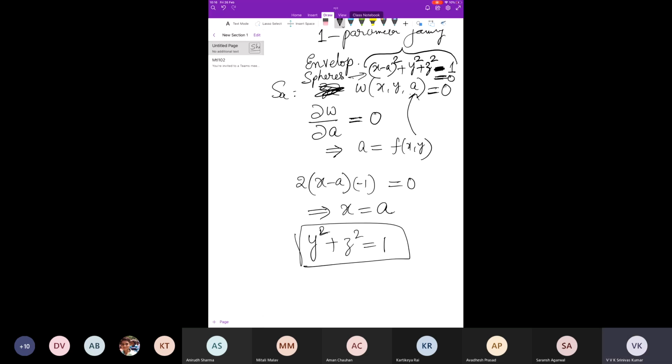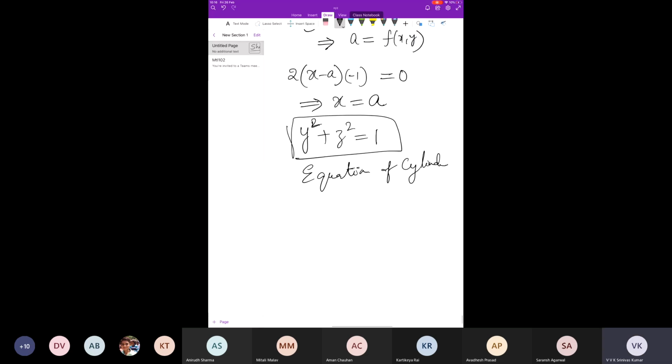This is the equation of a cylinder in the yz plane. This is the cylinder, y square plus z square is equal to 1.